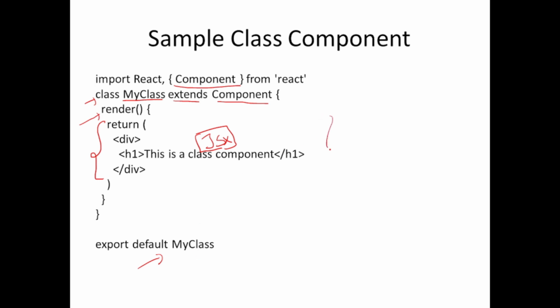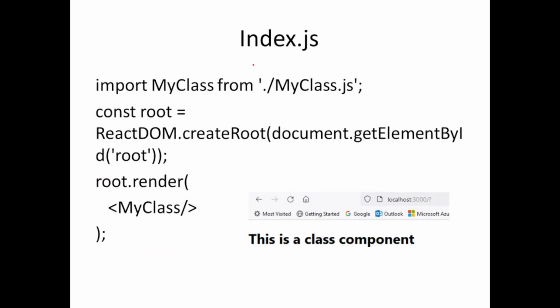So this is the simple class component that renders some JSX and we are calling this component in our index.js file. First we'll import the class from that specific file and then we'll be calling that specific class component using root.render.